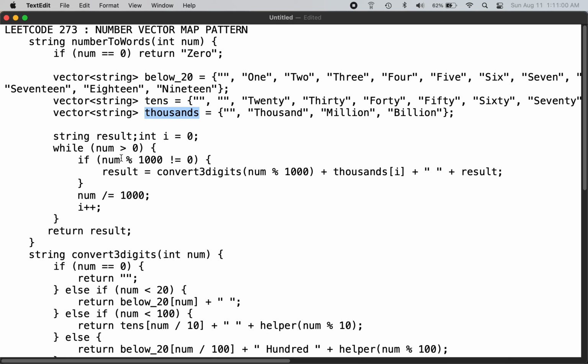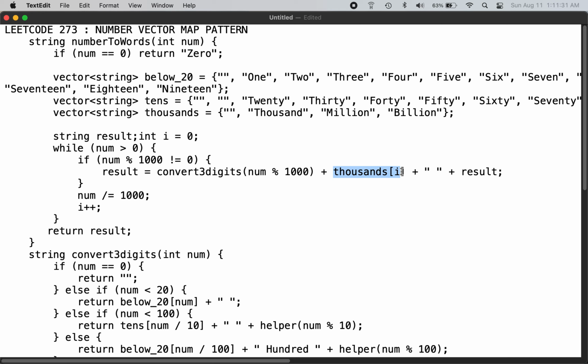You take modulo 1000, and if anything is remaining, you convert that into thousands. The thousands index starts at 0, so each time you enter the loop you either go with empty, since it is below 1000. In the case of 567, this will basically be empty.